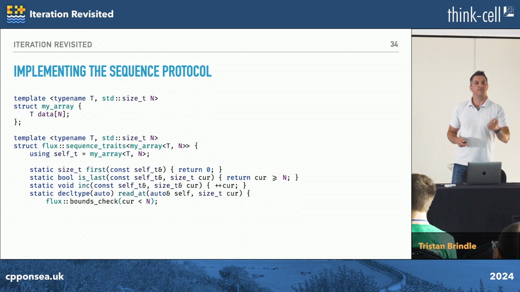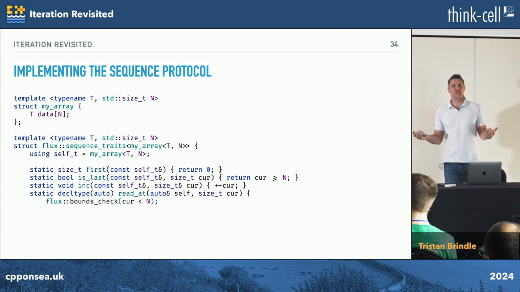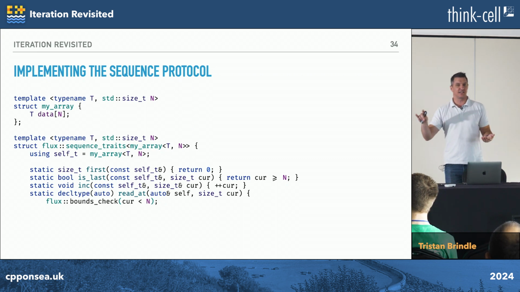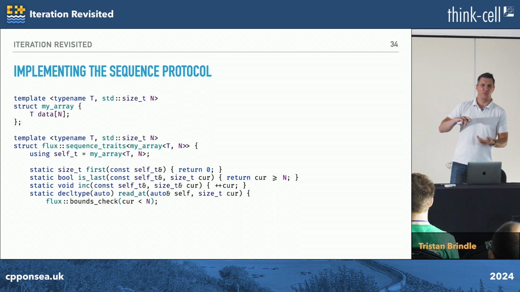And now we perform a bounds check. We have this function in Flux called flux::bounds_check. Actually, since I've written these slides, there's an even better function called indexed_bounds_check for when you have an integer index, because in some circumstances that can do compile-time bounds checking, which is really cool.